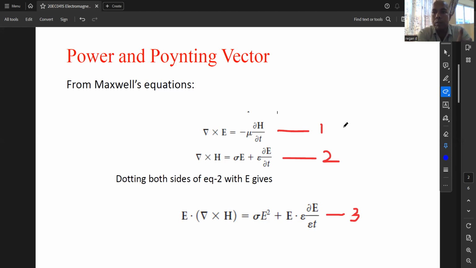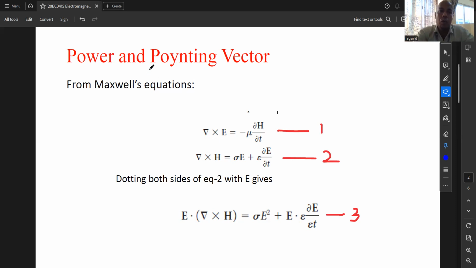Whatever we transmit, that is energy, it is transmitted from transmitter to receiver by electromagnetic waves only. To understand this electromagnetic wave energy being dissipated in free space, we must know what is the Poynting vector. Okay, now we'll see that.